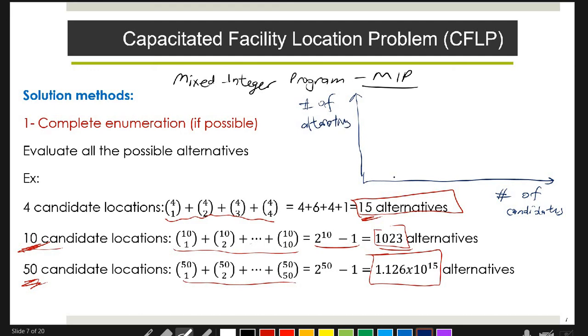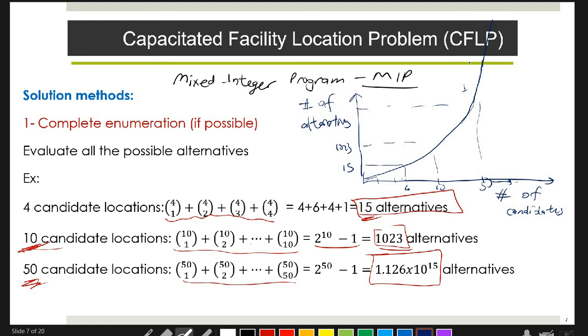Then you see if you have, let's say 1, 2, 3, the number is really small. 1, 2, 3, 4, for 4 it was 15, remember. And then when it is 10, this number jumped to 1023, and when it is 50, it jumped to how much? 1 billion something and so on. And it increases like this. When you increase it one more time, it will jump to a huge value.